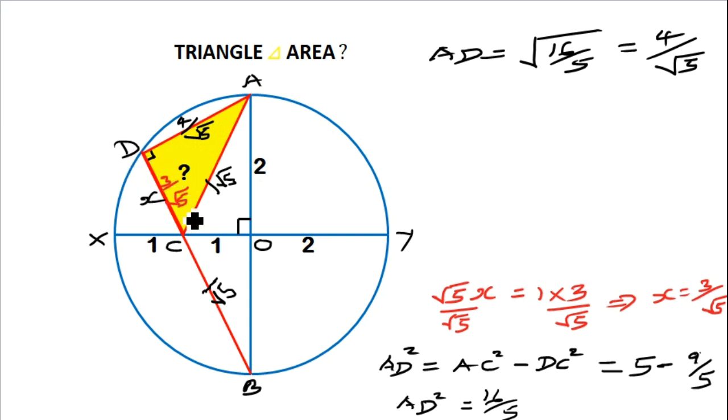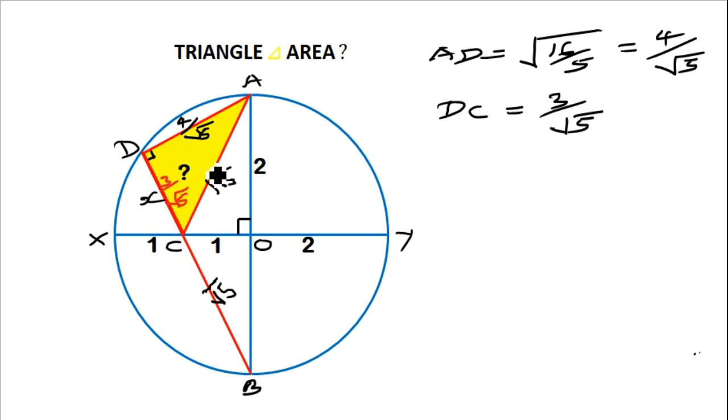Then from D to C is 3 over root 5. So AD is 4 over root 5, and at the same time we found DC to be 3 over root 5. So what is the yellow area? The yellow area will be the area of a triangle, which is a half base times height, because it is a right angle triangle.